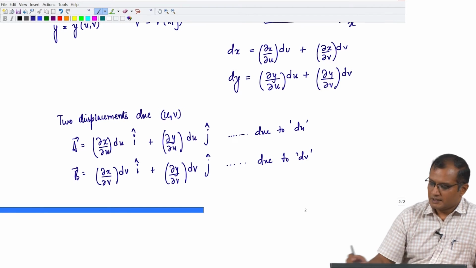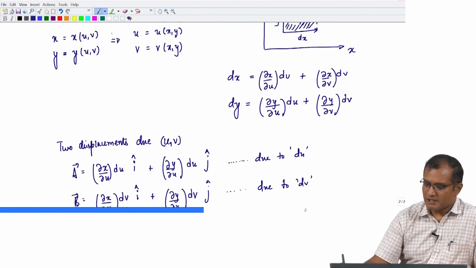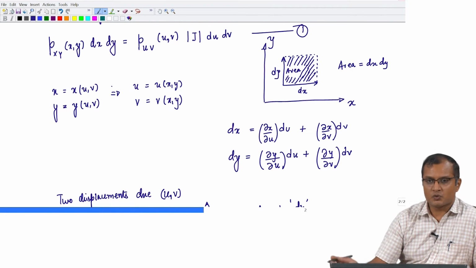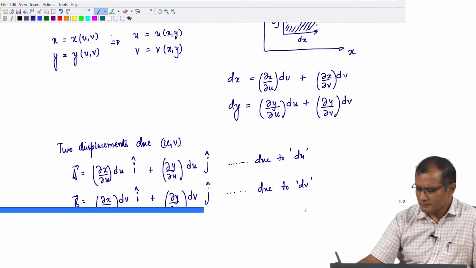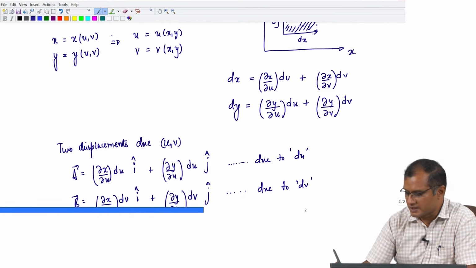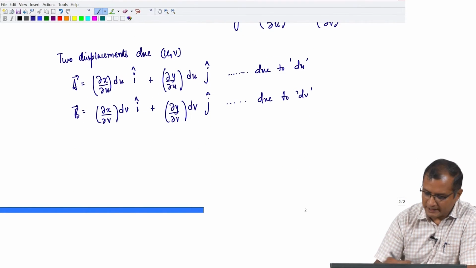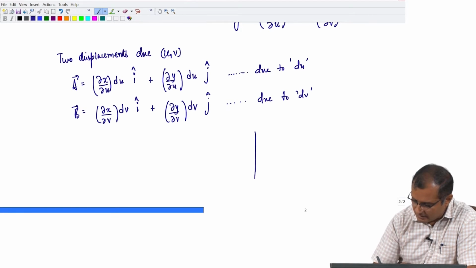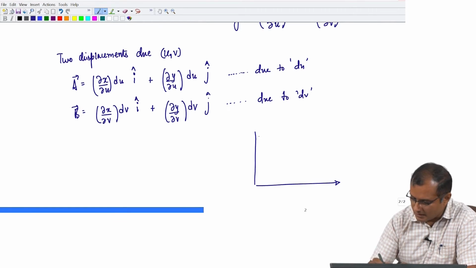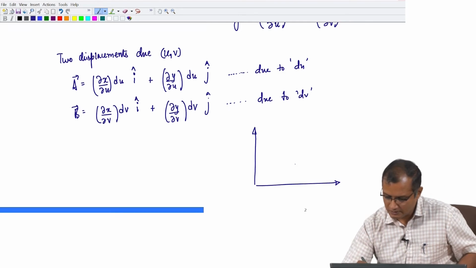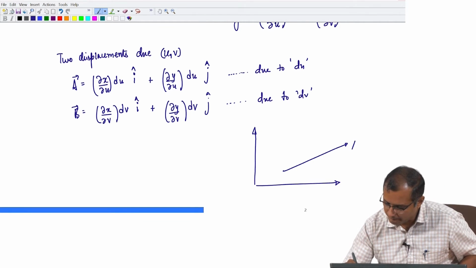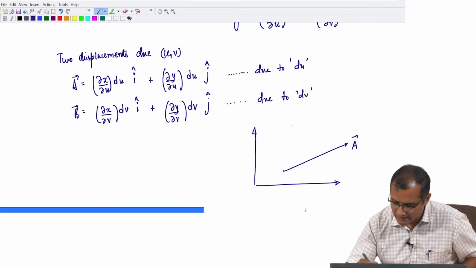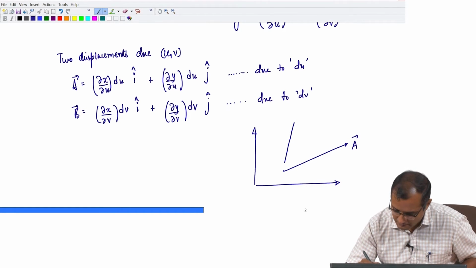Okay. And similar to this area that was swept by the region dx dy, I can consider the displacement vectors A and B, the corresponding vectors. So, this is my vector A and this is my vector B. Their full forms are written already here.